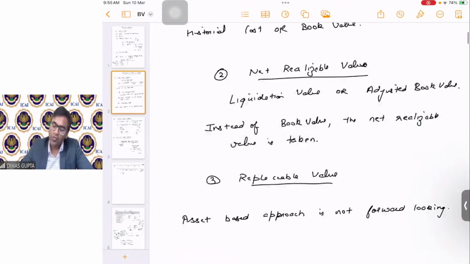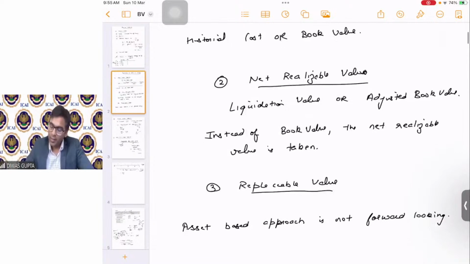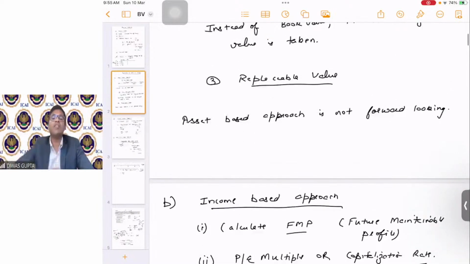The second approach was the net realizable value, which is also called the liquidation value or adjusted book value, in which whatever price we are going to realize for such assets, we will take that as the value for the asset-based approach. Third one was replaceable value.